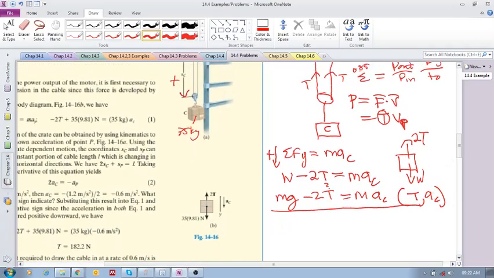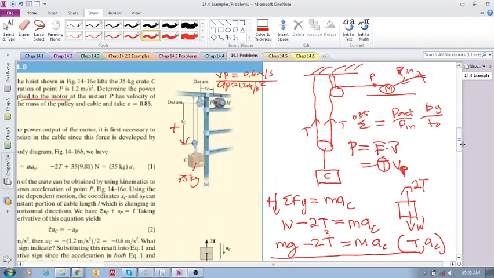How do we find the acceleration of the crate? This is where we have our pulley equations, for the lack of a better word. So we set up our datum, that is SC, and there's another datum there, that is SP. So we have 2 times SC plus SP is the total length. If we differentiate this twice, we get 2 times AC is minus the acceleration of P. Do we have the acceleration of P?